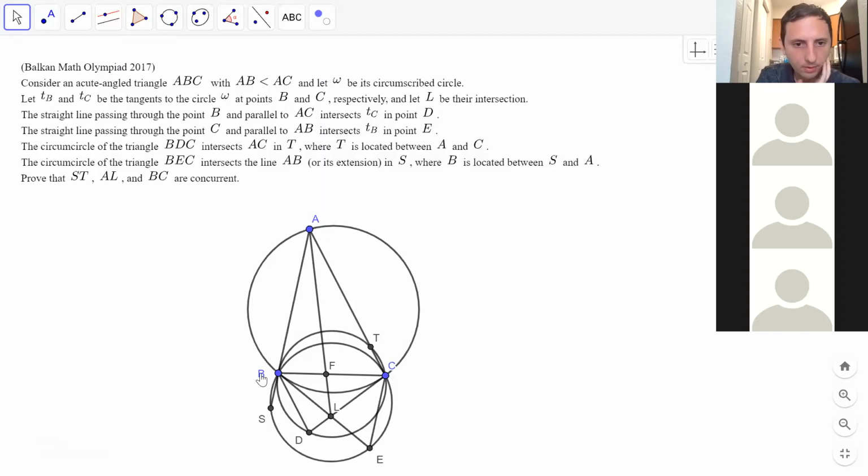Looks kind of hard. Yeah, I don't even know. Do we show angle BFS is angle PFC? Does that happen? Doesn't look that easy.